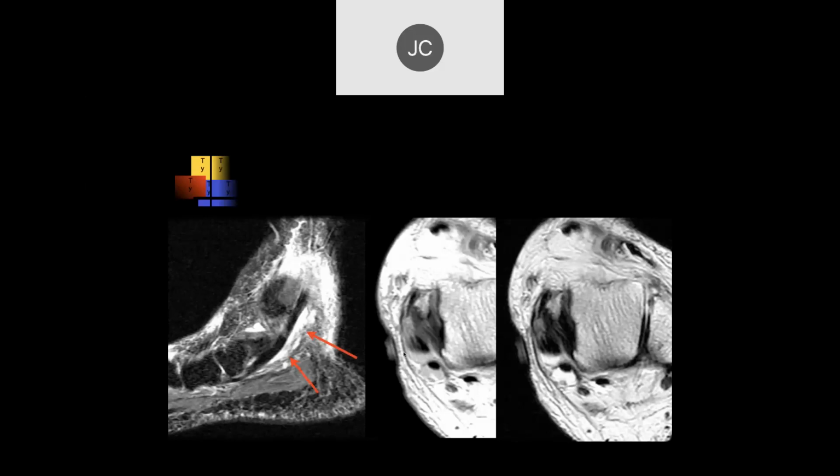So there we can see fluid in the posterior tibialis tendon sheath, which, especially when it's symptomatic, we tend to call tenosynovitis. Here we can see that there's actually increased signal intensity and some kind of stranding of the distal posterior tibialis tendon. So we typically call that tendinopathy or tendinosis.